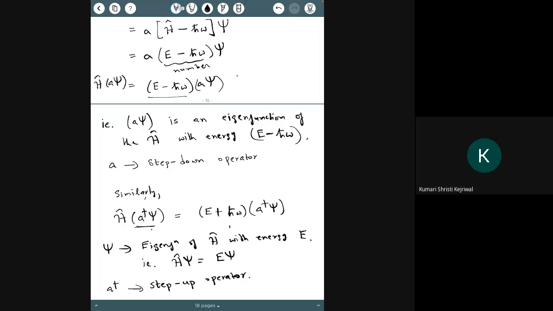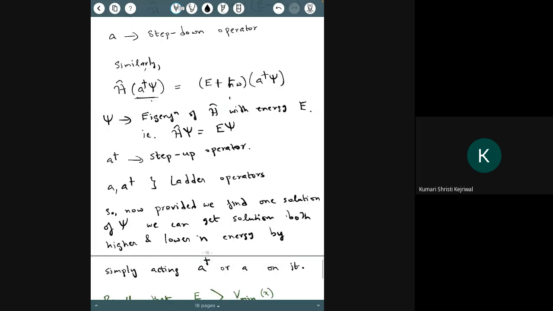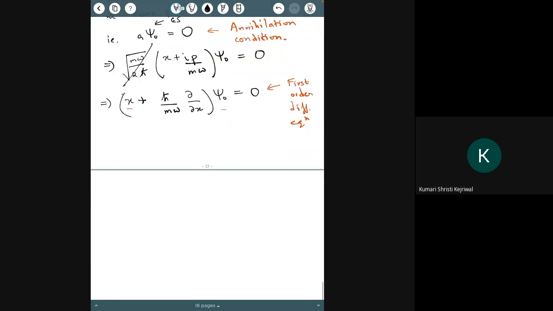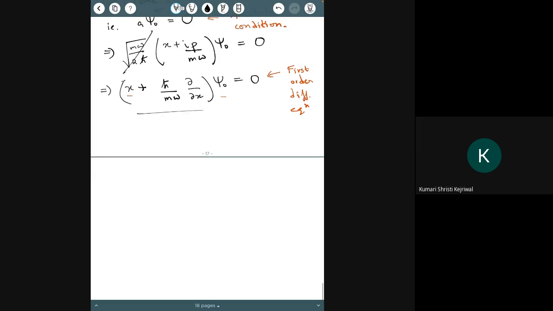For A psi, you have E minus h cross omega. If I do the same thing for A dagger psi, then you will get E plus h cross omega. So this is fine. This is finally the equation that we need to solve for the ground state.